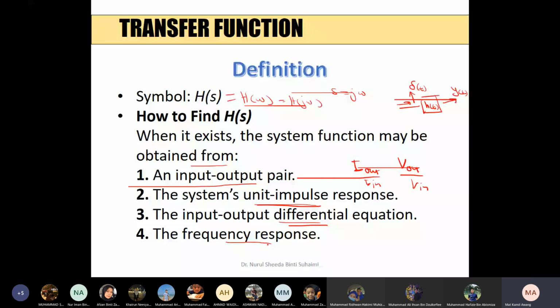This one you learn from calculus, differential equations in math, and also the frequency response. So all these 4 will give you the same result. And for our case, normally we use number 1 or number 2. But in this course, we use number 1.